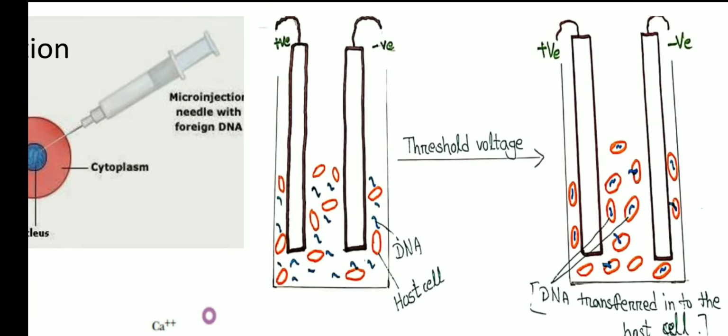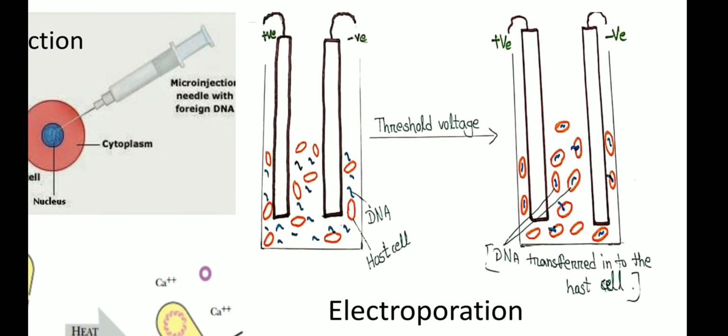How does electroporation occur? Using electric voltage, the host cell makes a pore in the cell wall, and then the recombinant DNA is transferred into that cell. Again we decrease the voltage, and that pore is sealed.